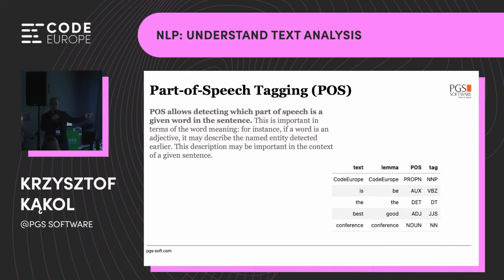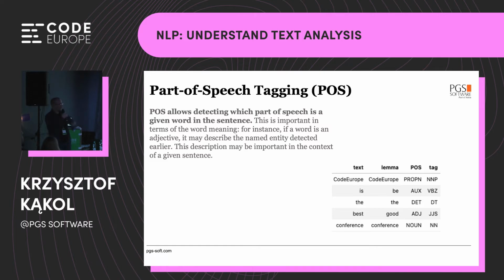These are the shortcuts used in the library that I'm using quite often, which is called spaCy. These shortcuts always mean something, and you can get the list of the meanings. For instance, PROPN means proper noun. Then you have some determiners, adjectives, nouns. The tag means something more specific for the given word.